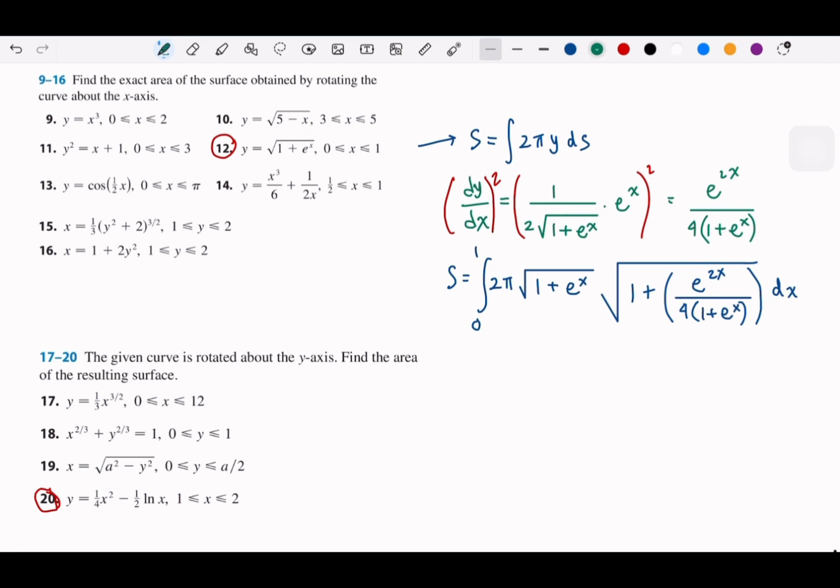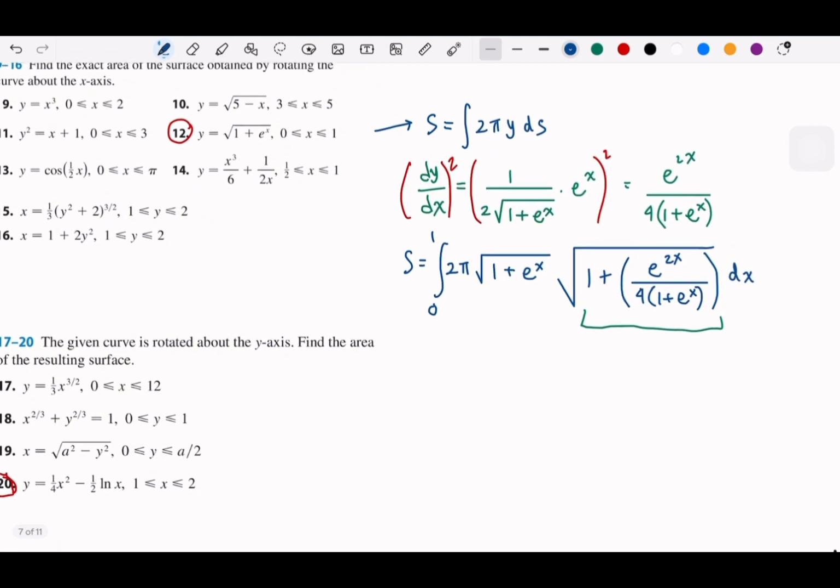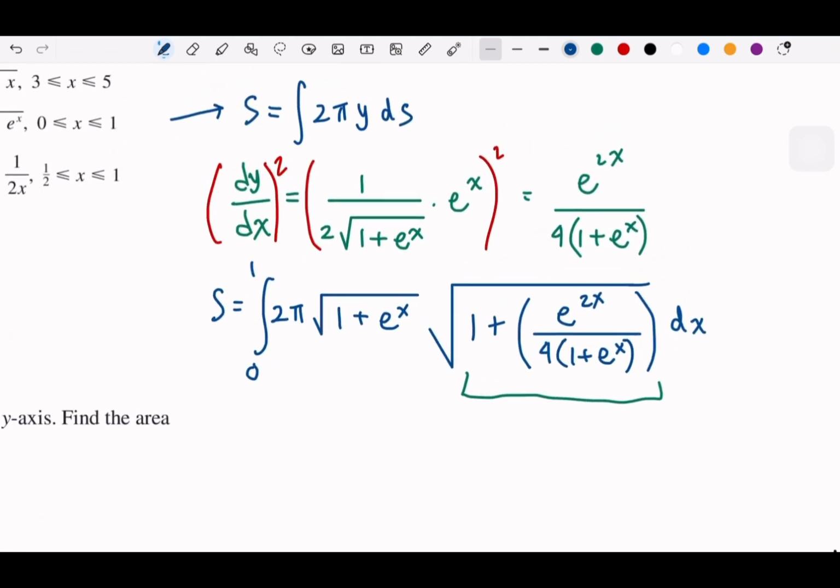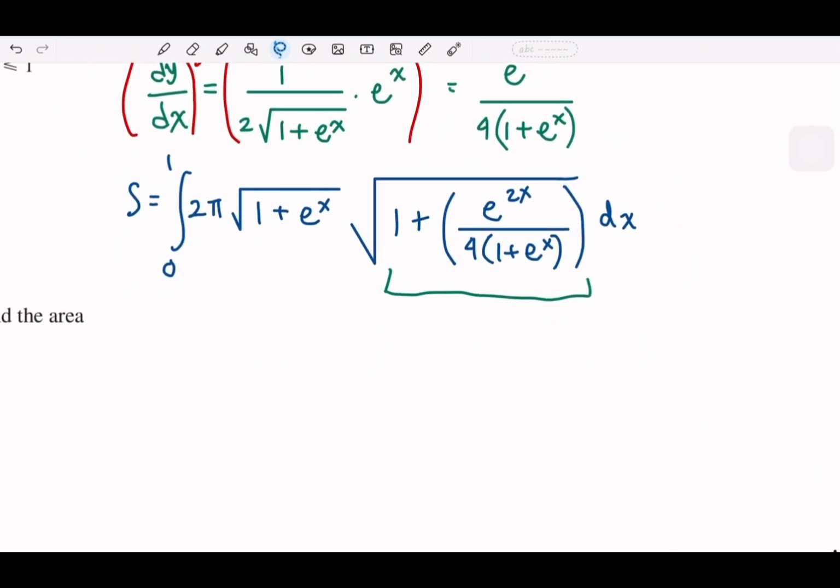Okay, now we need to simplify this first, right? I will zoom in and make it smaller. Let me write this first. So this will be 4, or maybe let me write with a different color just to help.